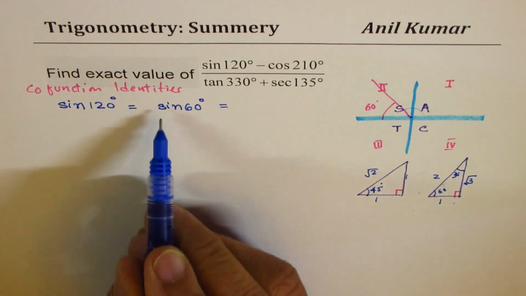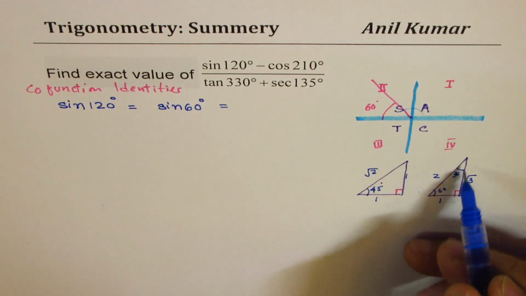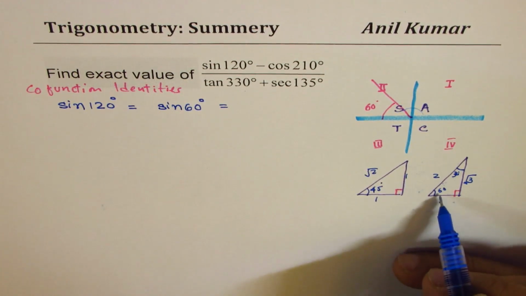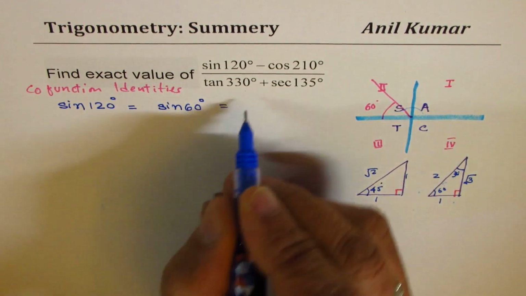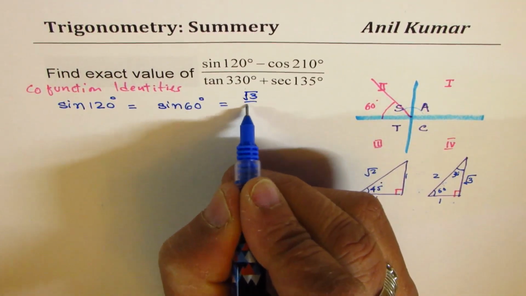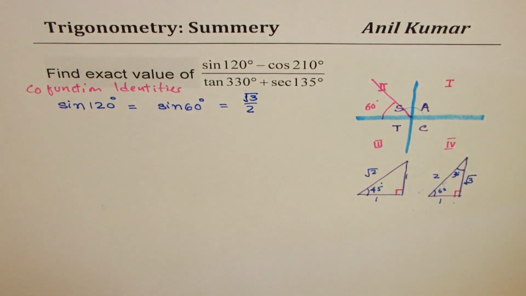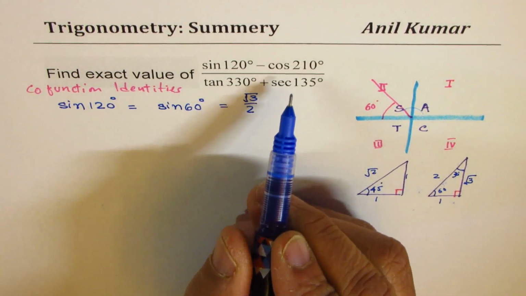Once you get sine of 60 degrees, you can look into this special triangle. Sine means opposite over hypotenuse. You get a value of square root 3 over 2. Does it make sense to you? So we're going slow so that you can understand.